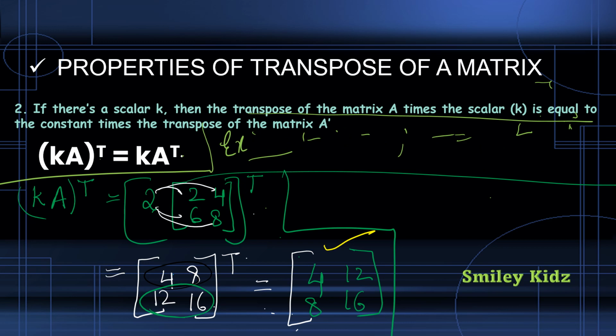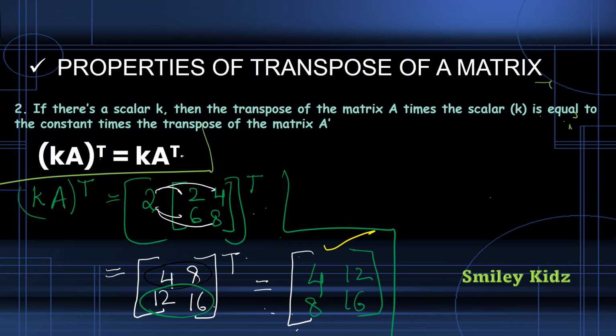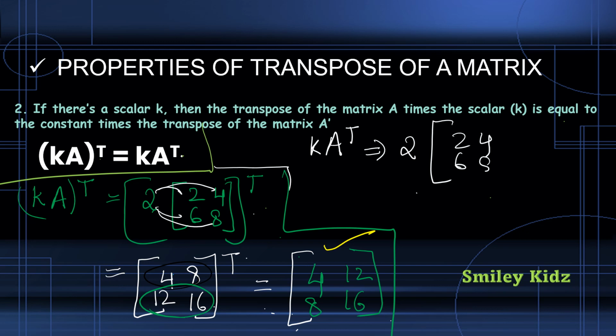Now substitute K times A transpose, where A is a separate term and K is not involved. Firstly, you're going to take the transpose of A and then multiply it with the constant term K. So K A transpose gives me 2 times the transpose of [2, 4, 6, 8].